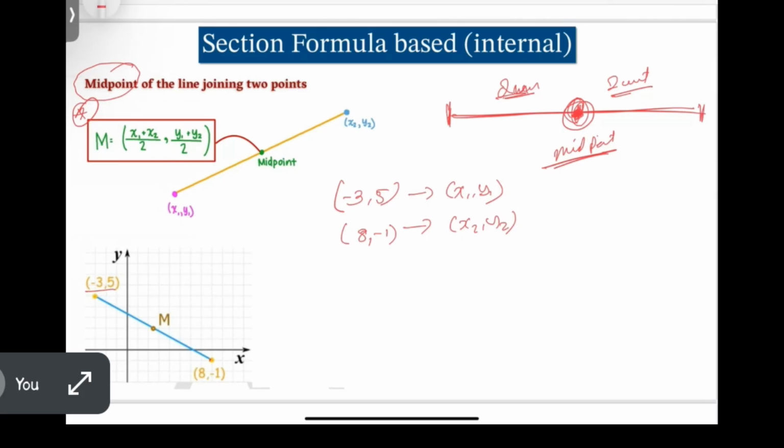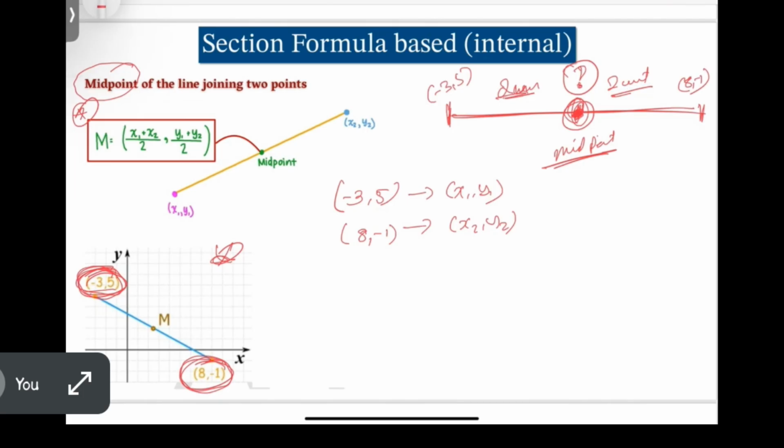So find the midpoint of these two points. In exam you won't be given this kind of graph. You will be given two points. So the question can be asked this way: find the middle point of these two, or what point will divide these two points into two equal parts. So we have to find this point.